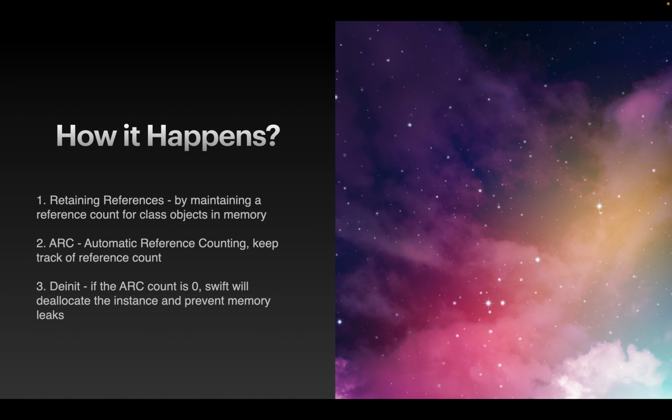That is, even if we didn't explicitly mention deinit, it will be called and deallocate that instance from our memory. Thus, no memory leak will happen. But if the ARC count is 1 or more, then deinit won't happen. That means it still occupies our memory space.